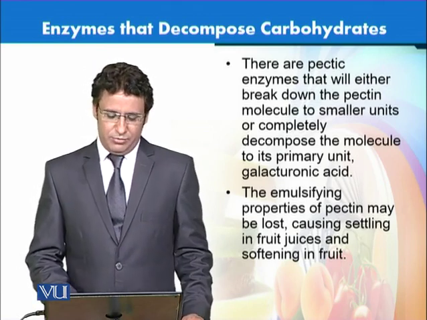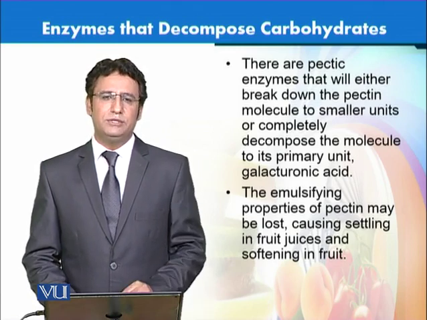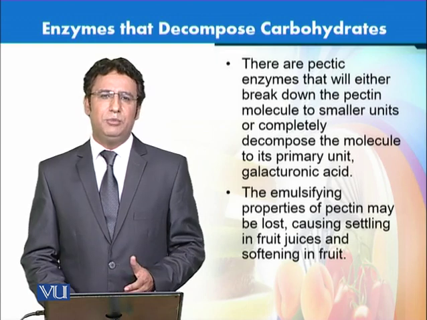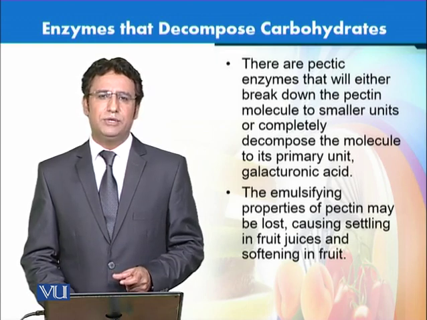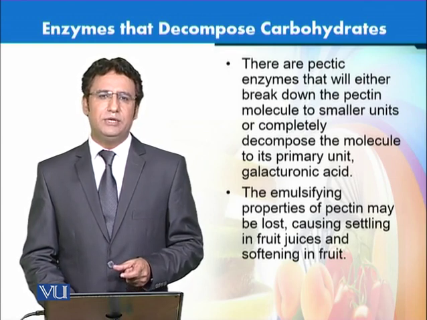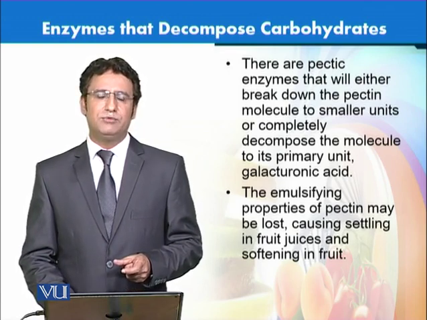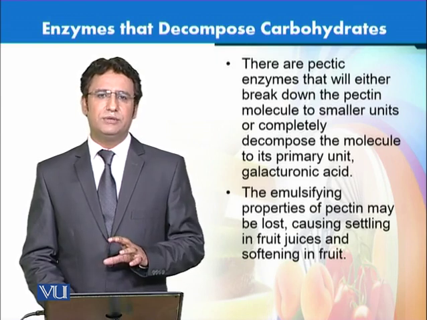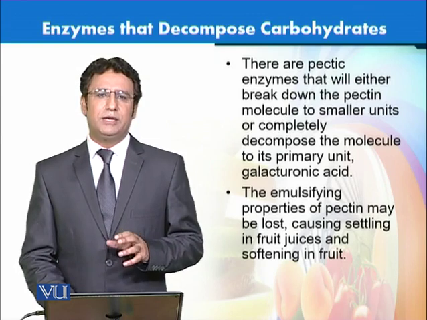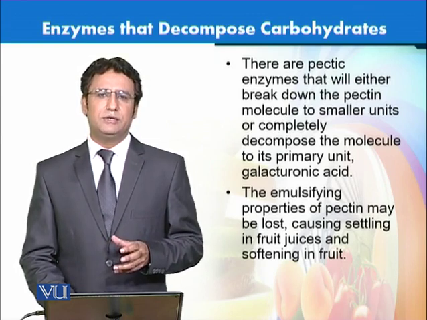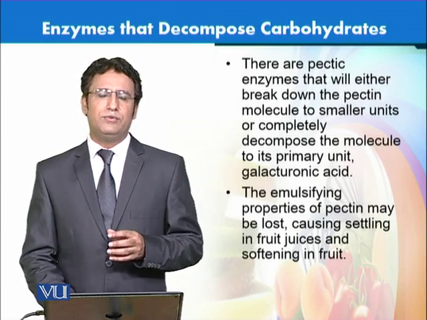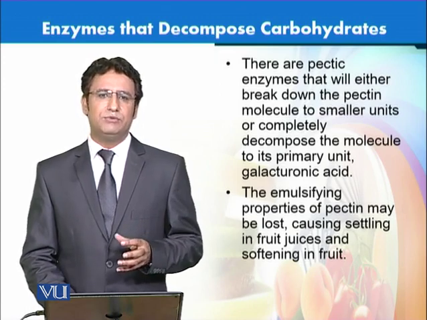The emulsifying property of the pectin would be lost, so it would not be able to form a gel. You might be aware that pectin is added to most food products. For example, it is added to make jams. Most fruit jams must be added with pectin, otherwise you don't get that structure of jam, right? So this pectin is important for making that gel-like structure, and when this structure is broken down, you don't find that gel, so the gel consistency would be broken.